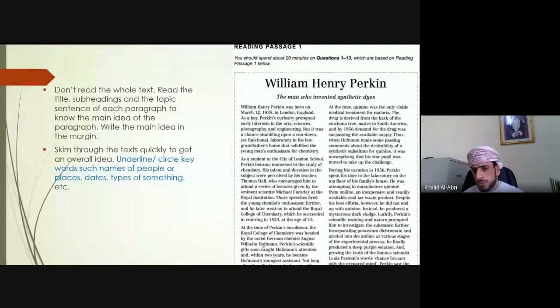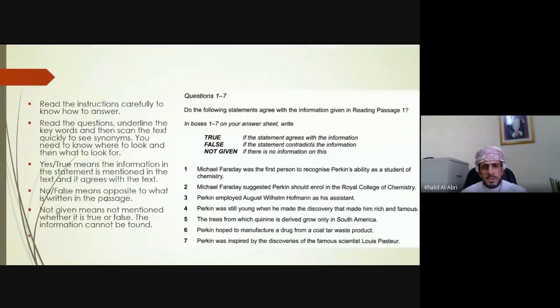Because later when you move to the questions, you will easily be able to locate the answers. So here we have some questions from the same passage. Here we have true, false, not given. First of all, you need to understand the meaning of true here.